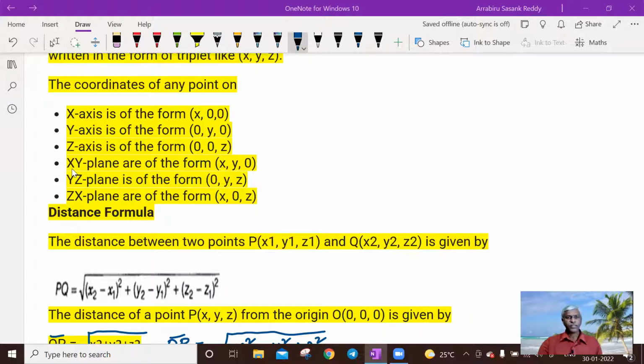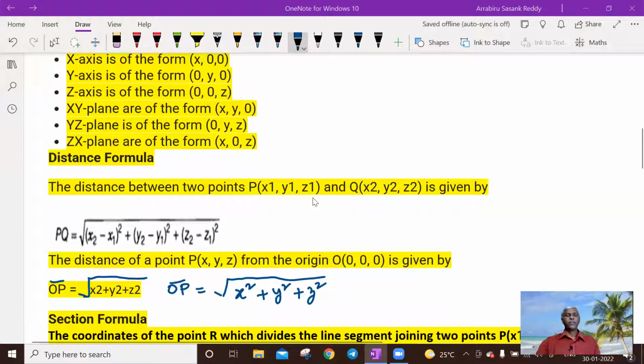You can remember easily: only x and y, and the z value is 0. For a point on the yz plane, only y and z, and the x value is 0. Any point on the zx plane, only z and x values will be there and the y coordinate is 0. So in this way, we represent a point on the xyz axes and the xy, yz, zx planes.